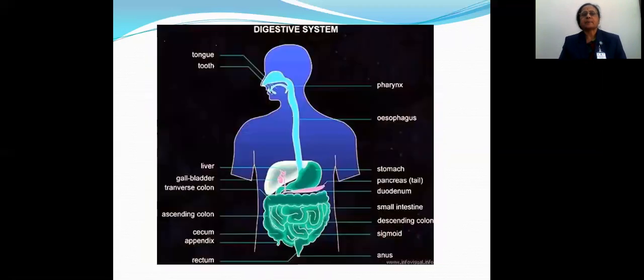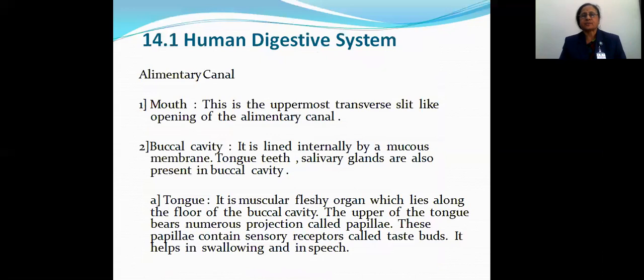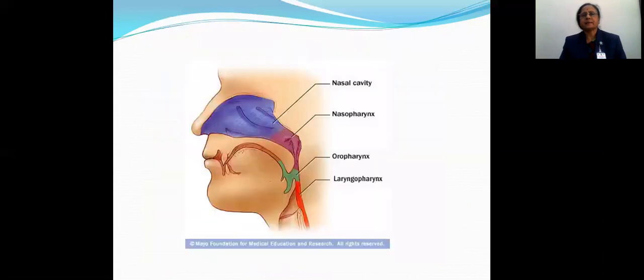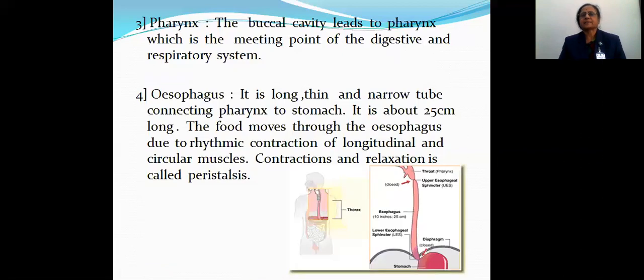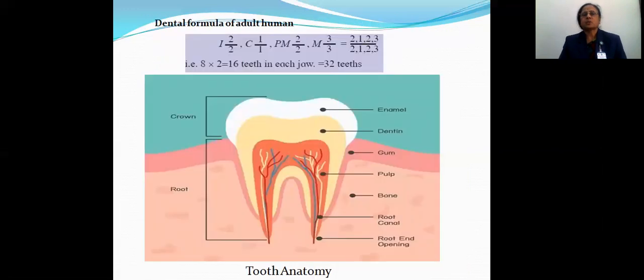This is the first part of the digestive system. Then the second part is known as the pharynx. The buccal cavity leads into the pharynx. The pharynx is a meeting point of the digestive and respiratory paths.